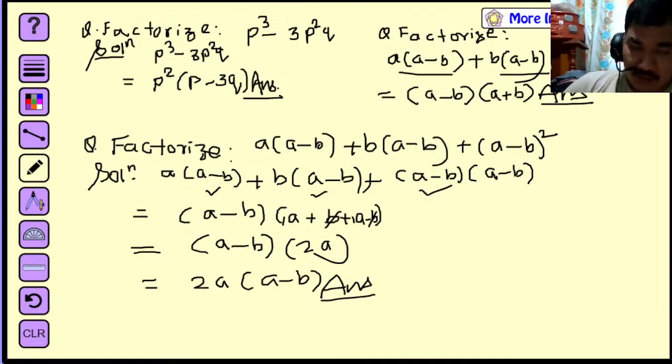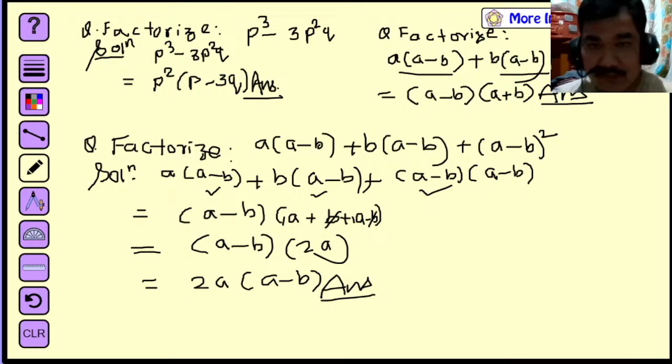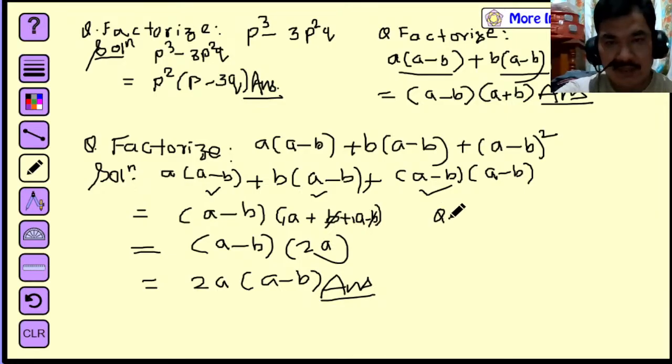Okay, I'm showing another question now related to factorization by taking common. Look, the question is like this. Another question I am writing here. Suppose a question is asked like this: factorize. The question is asking to factorize.